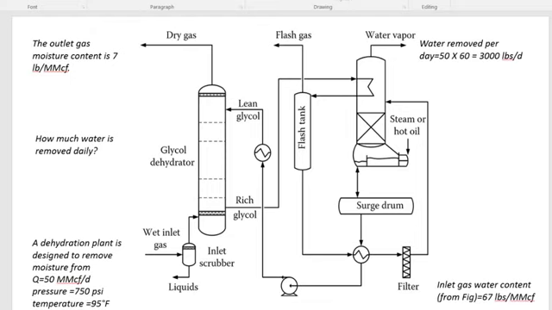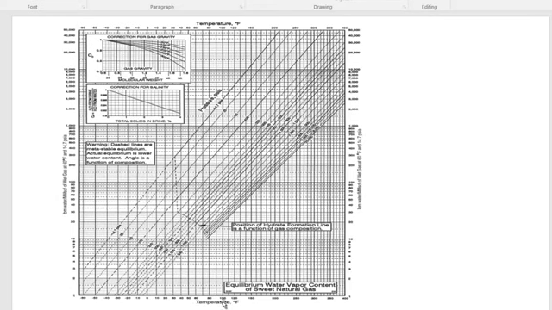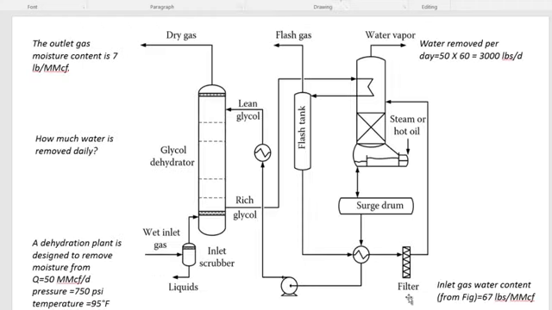Just go to the chart at 95 degrees Fahrenheit, and at the pressure of 764, and read how many pounds of water per million standard cubic feet of the gas. Okay, so the result is 67 pounds per million cubic feet.